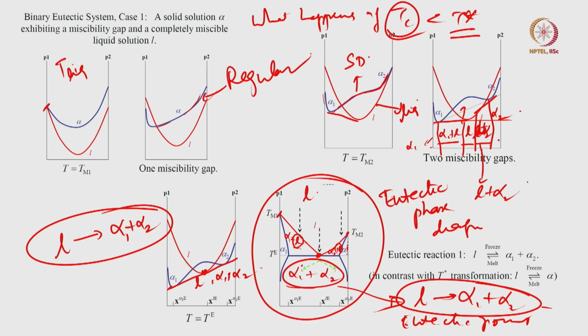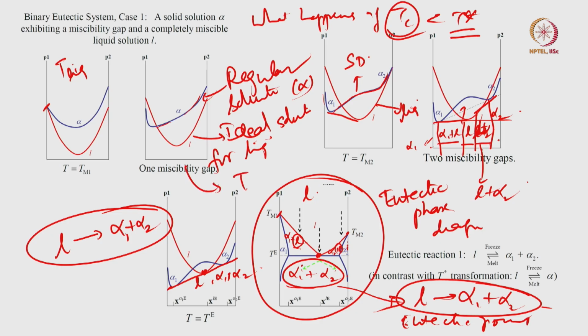The simplest way to derive a eutectic is to think of a regular solution for alpha, an ideal solution for liquid, and the fact that T star, where liquid completely disappears, is less than Tc. Tc is the spinodal decomposition. If alpha is splitting up into alpha 1 plus alpha 2, I have a spinodal decomposition. So, this is one way of getting a binary eutectic phase diagram.